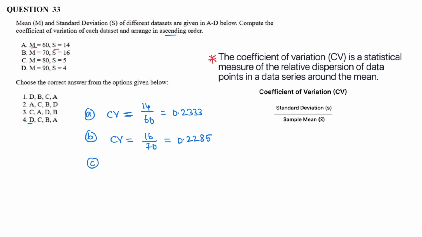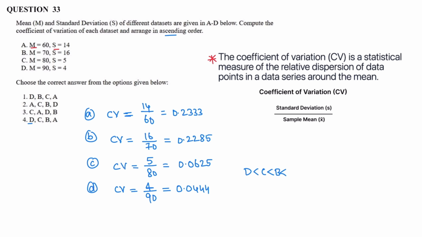For option C, standard deviation 5 and mean 80, so it is 5 by 80, 0.0625. For option D, S is equal to 4 and mean is 90, 4 by 90, it is 0.044. Now in increasing order is D less than C less than B less than A. Correct answer is option 4.